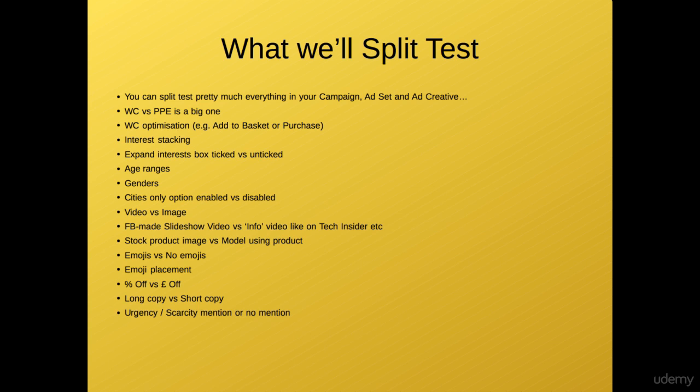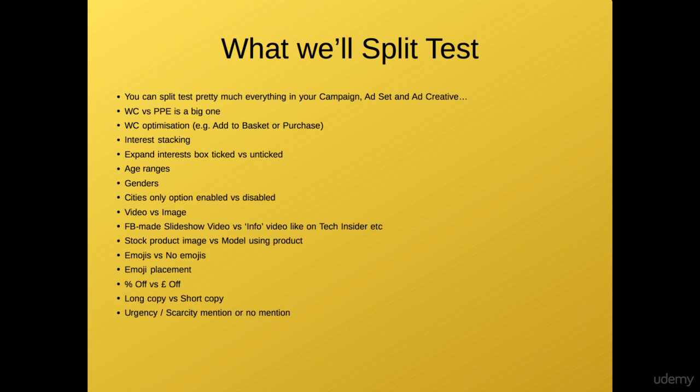Interest stacking, so basically whether you target broad or whether you target narrow with your interests, or interests in general, really. You can split test all sorts of different interests. For example, you can target an audience where you've narrowed them down by competitor, another where you've narrowed down by celebrities in the niche that you're selling, another by magazines in the niche you're selling, another by TV shows, for example.